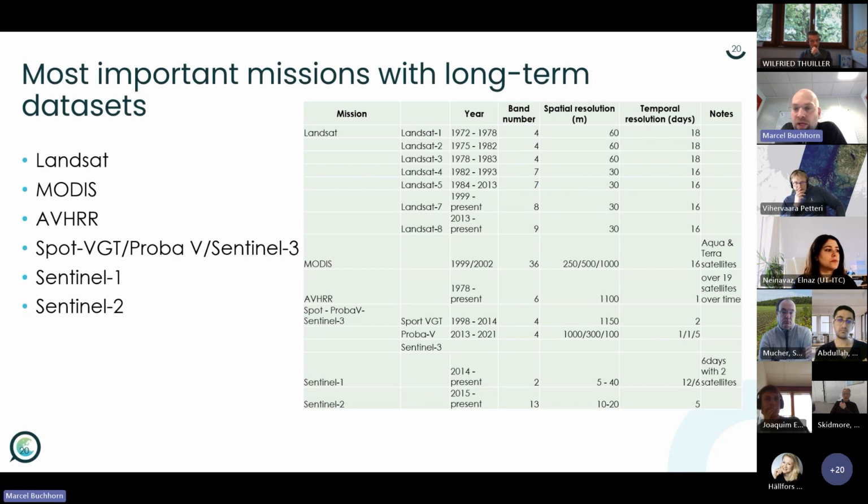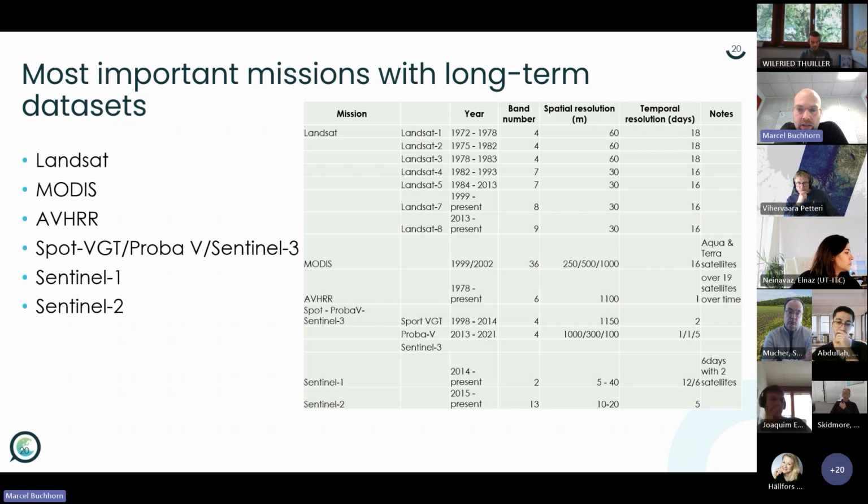So there you also get a nice overview over Europe at a 1 kilometer scale, but starting with PROBA-V in 2013, you get this information also in 100 meter resolution every 5 days and 300 meter every day. So if you want to generate long time series for Europe, that's quite a good data source.